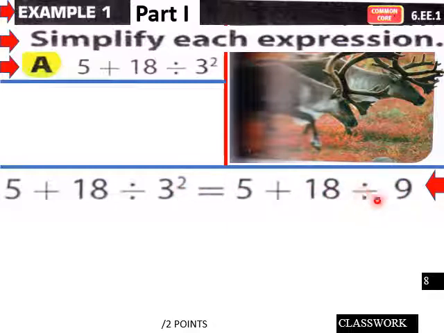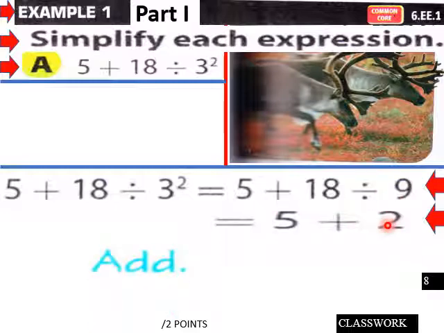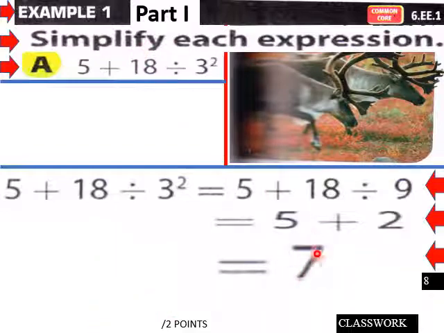So 5 plus 18 divided by 9. 18 divided by 9 is 2. So 5 plus 2 equals 7. By using the order of operations, we know this expression simplifies to 7.